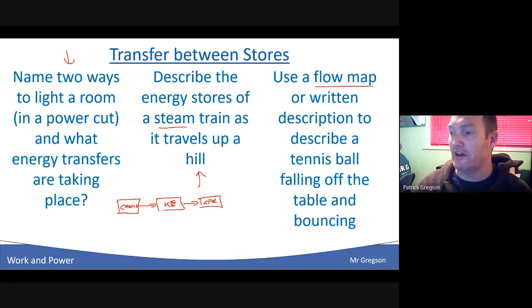Now, I don't care which walk of life you go on to next. The ability to use a flow map is an essential life skill. I know it sounds a bit nerdy saying that as a physicist, but I can take the criticism. A flow map can be used for anything with a process, and physicists are usually pretty good at it. You'll see lots of flow maps in any engineering walk of life.